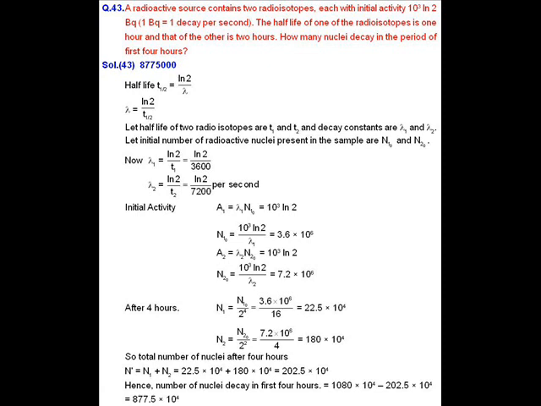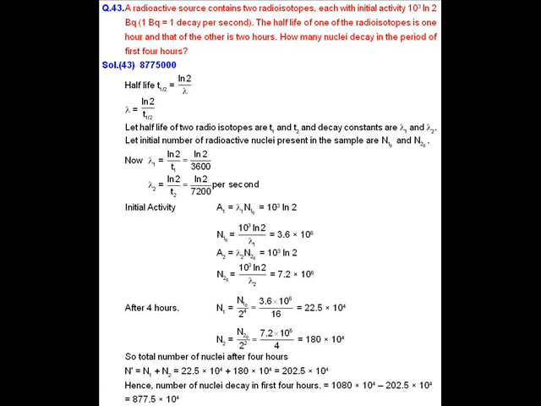So the total number of nuclei after 4 hours will be equal to number of nuclei of first isotope plus number of nuclei of second isotope. Adding these both, we will get the number of nuclei remaining after 4 hours is 202.5 into 10 raised to power 4.